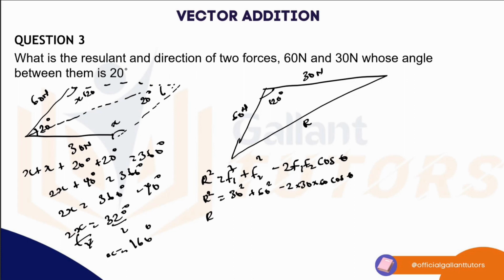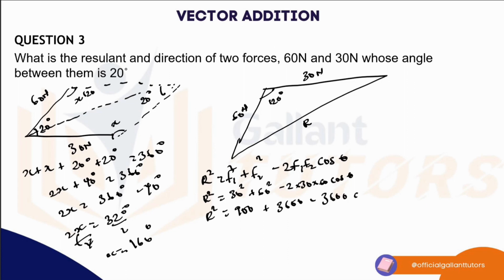Okay, so R squared is equal to, what's 30 squared? Try now. 900, correct. So 900 plus 60 squared is what? 3600, correct. Minus 2 times 30 times 60, which is simple, 60 times 60 will still give you 3600.